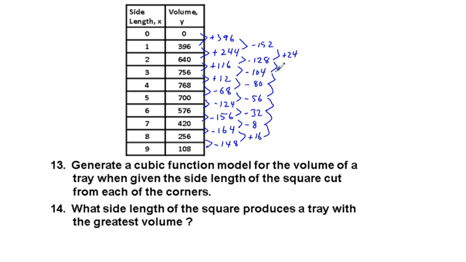We have negative 104 minus negative 128, so that's going to be plus 24. And negative 80 minus negative 104 is plus 24. So we see where we're going, right? Negative 56 minus negative 80 is going to be plus 24. And we are going to go plus 24 all the way down here for our third difference.